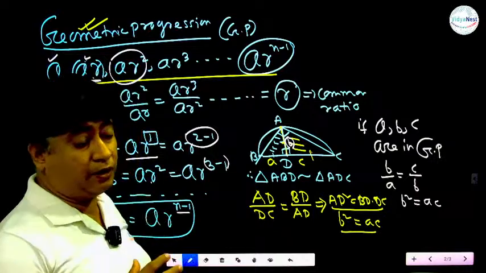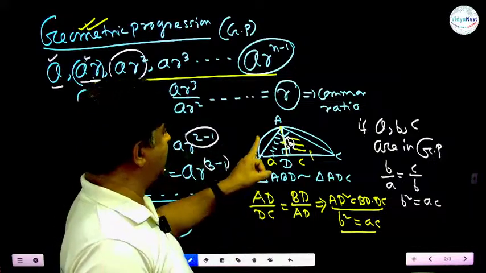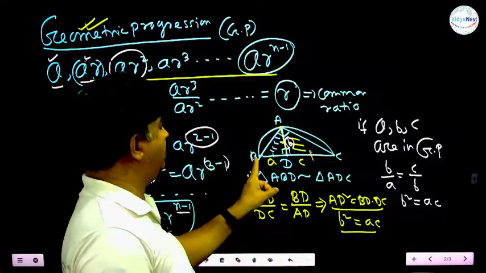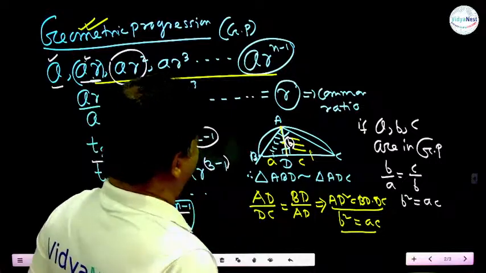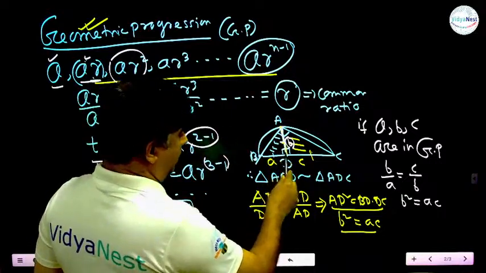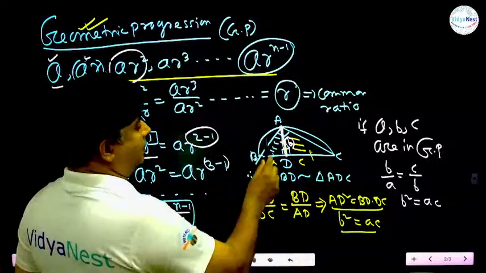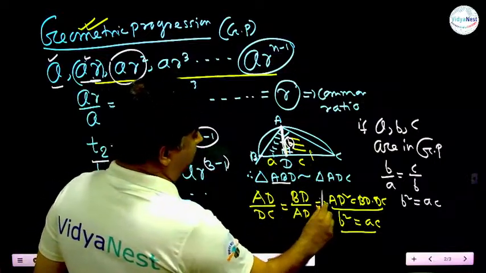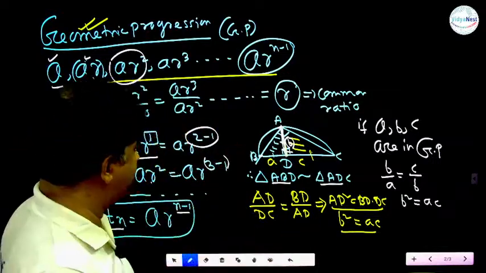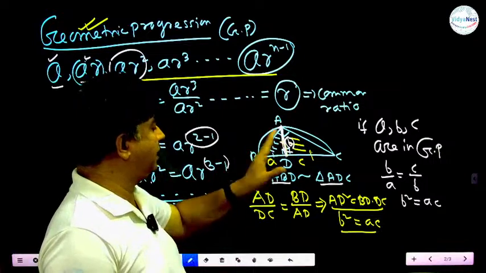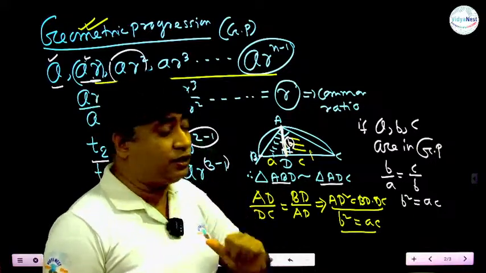Then we recall the concept of similarity which we were taught in class 10. See, this is a semicircle. Any point lies on this semicircle and the two extremities of the diameter are joined. And from this vertex, a perpendicular is dropped. And what was there in class 10? See, these two triangles are similar. How they are similar was all done last year. So when these two triangles are similar, the ratios of their corresponding sides will also be equal.